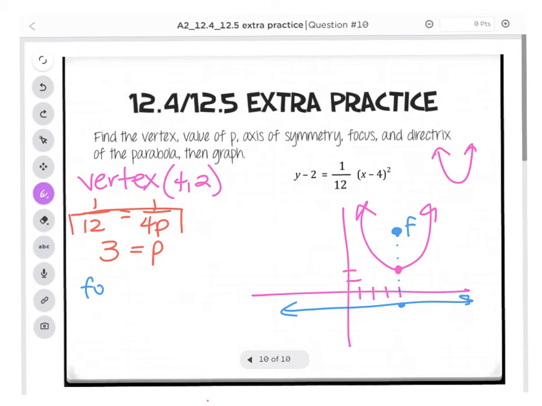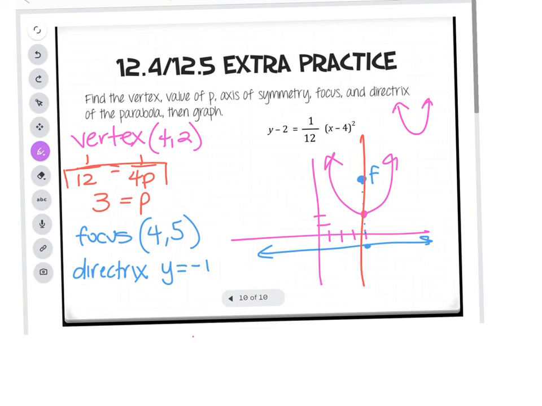So focus: the x stays the same, it's 4, but the y goes up 3 places, which is 5. And the directrix, it's a horizontal line, which means it's a y equals, and I subtract 3 from the y, and I get negative 1.